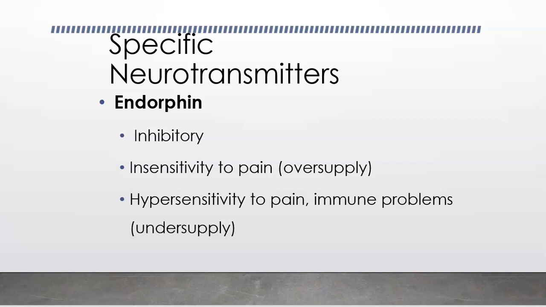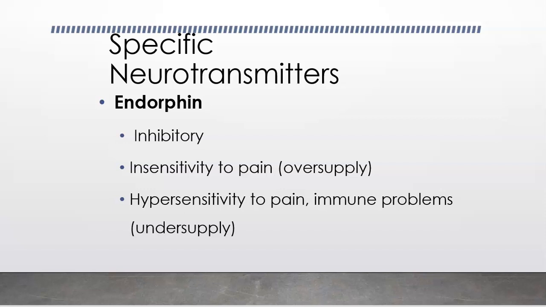Now, the last neurotransmitter you're going to need to know is endorphin. Endorphins, again, I'm sure you've heard of these. Endorphin is an inhibitory neurotransmitter, and what it does is it causes an insensitivity to pain. A lot of times you'll hear about someone maybe injured, but they won't notice, they might not feel the pain, and that's because they have too much endorphin running through their system.